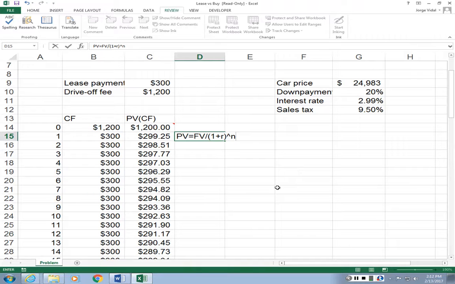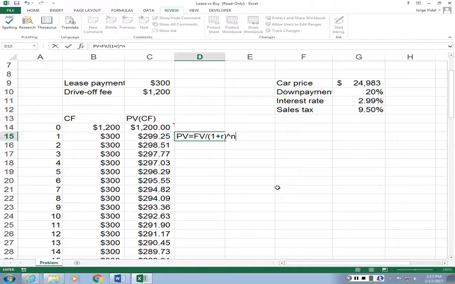What is the whole concept of time value of money? That money in your hands today has more value than money in the future, because you can start investing that money today. So the further you go into the future, the less value that money has, because you can't invest it. And that's why you see those present values getting smaller and smaller. That money has less and less value.